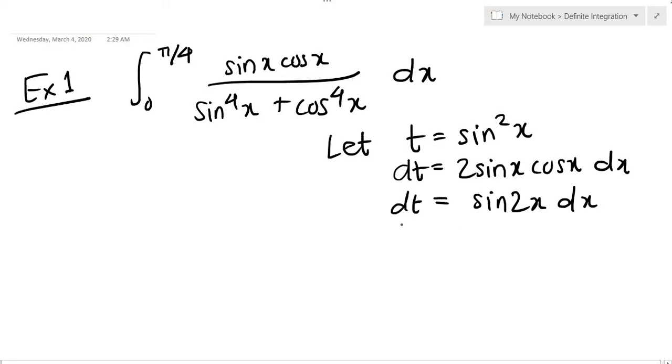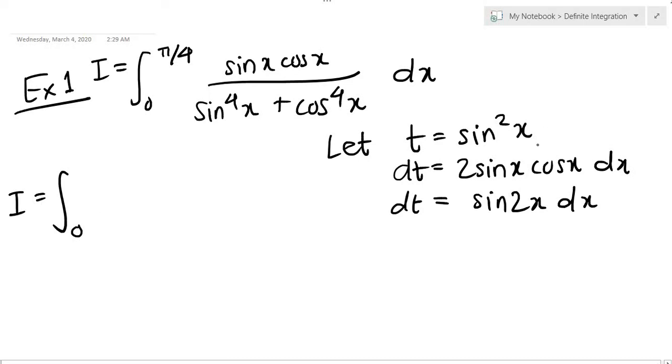This is your dt. Now since you made a substitution, you also have to change the limits of integration. So assuming we call this integral I, when x was 0, you can just plug 0 here, t will also be 0.